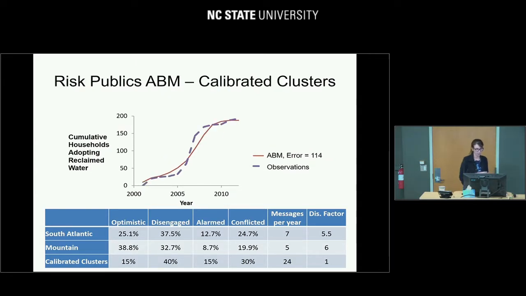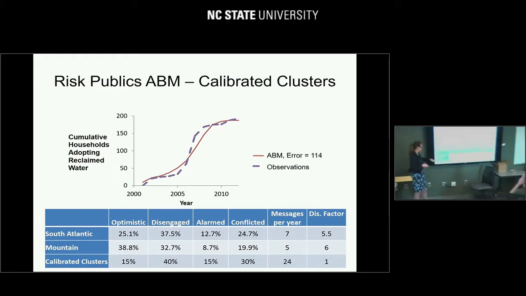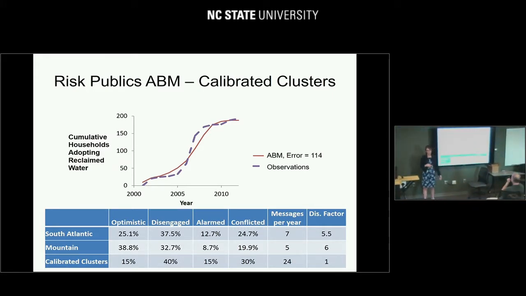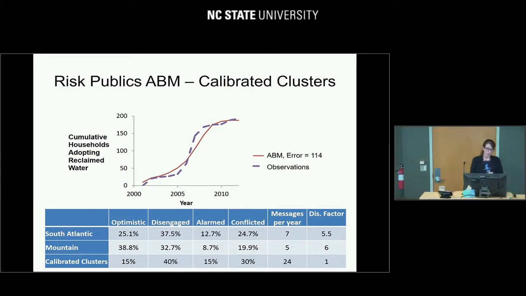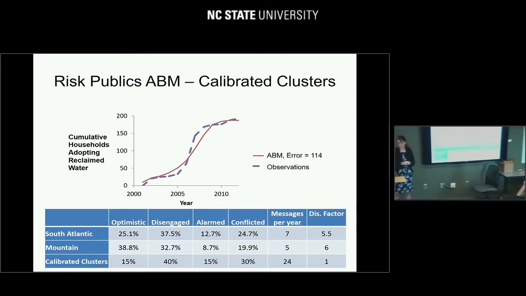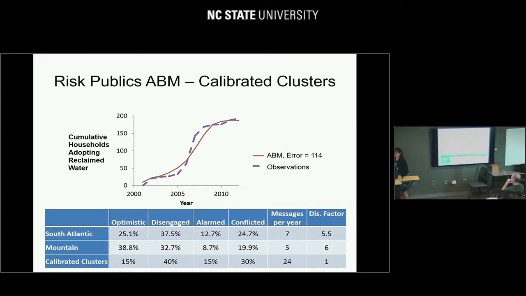And finally, we just decided to calibrate the proportion within the clusters and not use the survey data. And that fit the model much better. And so kind of surprisingly, what you see is there's a higher population of disengaged members.